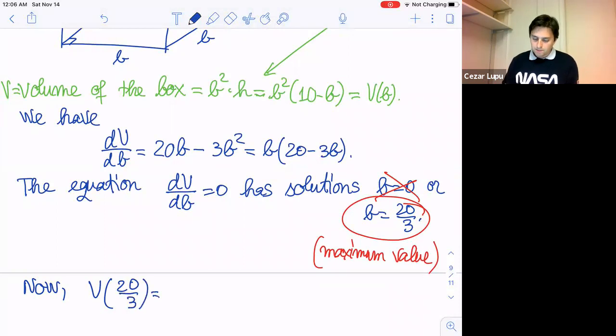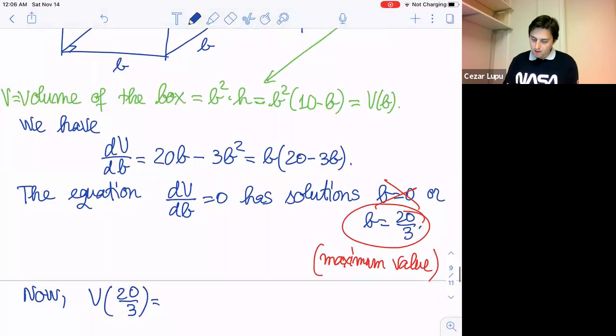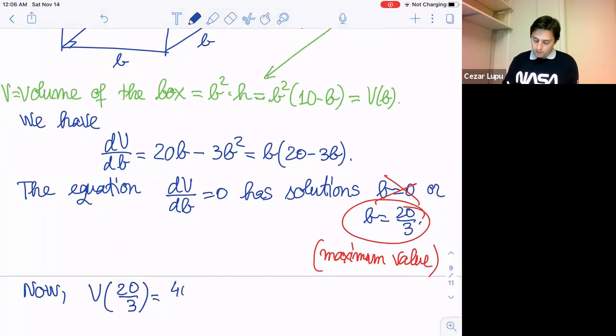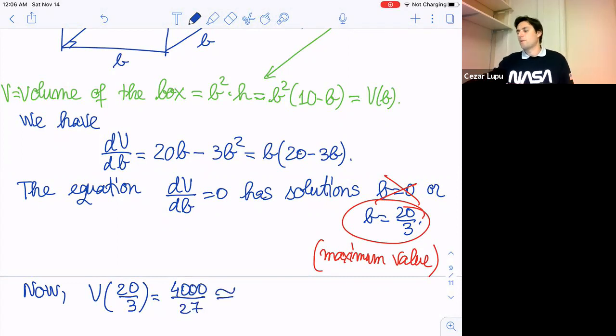This will give us 4,000 over 27, which is approximately 148.1.